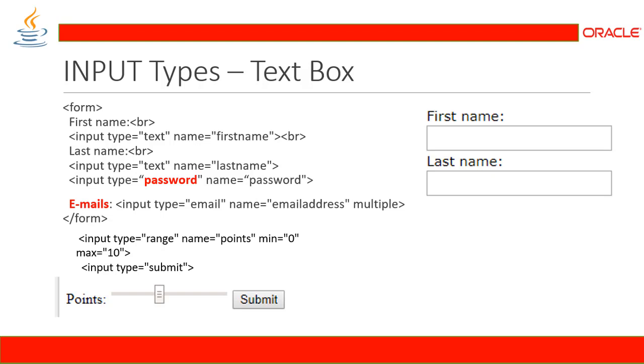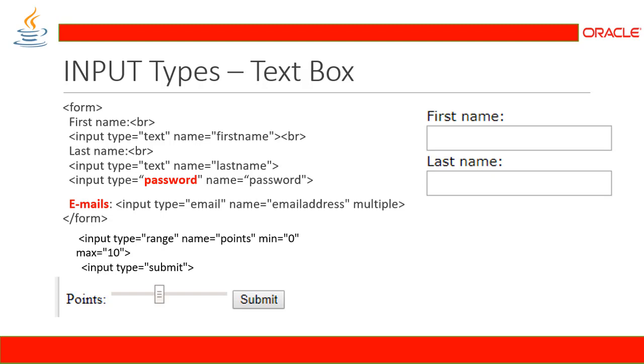It also has ID and value that you can define as per the requirement. So in the simple case, you just need to mention the type and the name. That's the basic thing to define in the input tag, because type tells the HTML browser what type of input the user is going to insert.